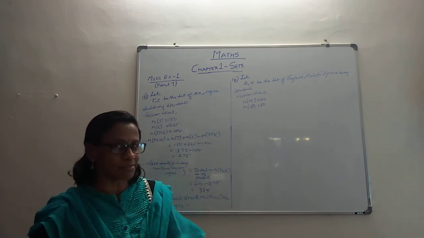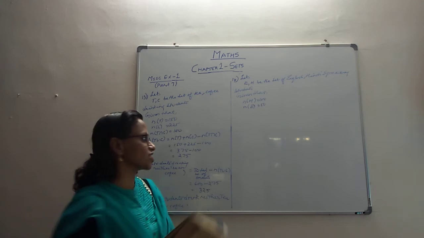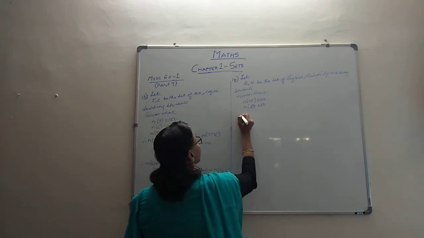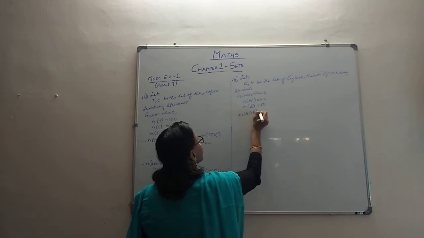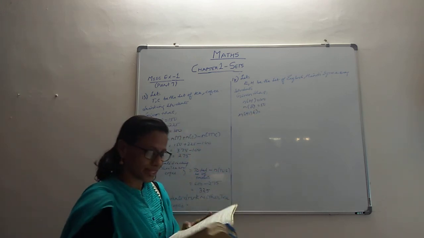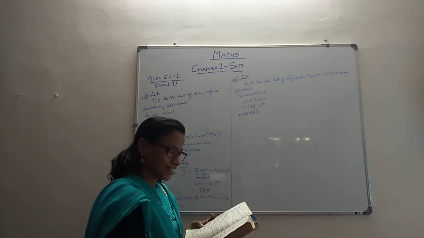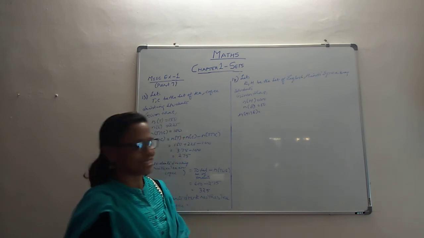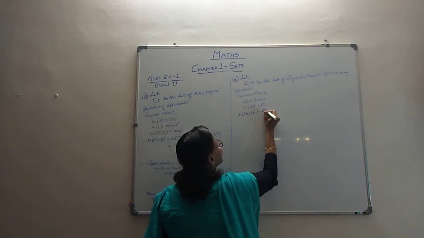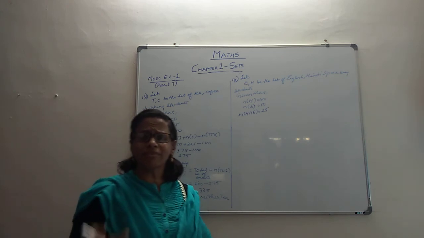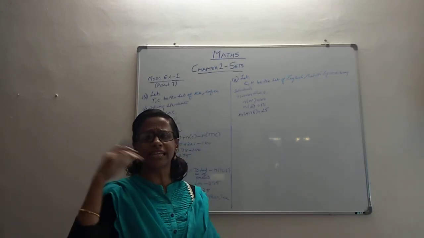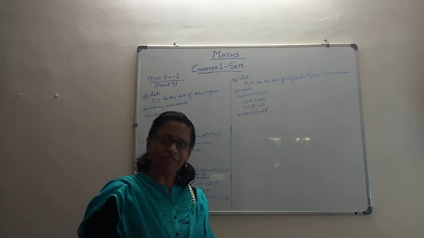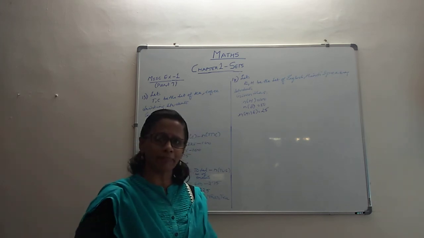Both is by now very familiar to us; we know that both is the intersection. So n(H intersection E) is 25. They are asking how many of them there are in total, and they have said that each knows either Hindi or English, which means it's enough if you find the union, and that will become the total.